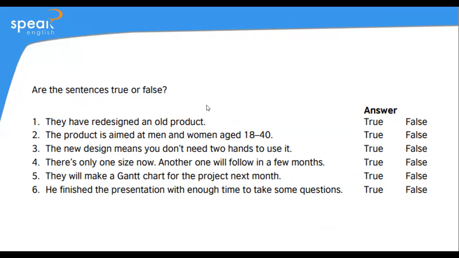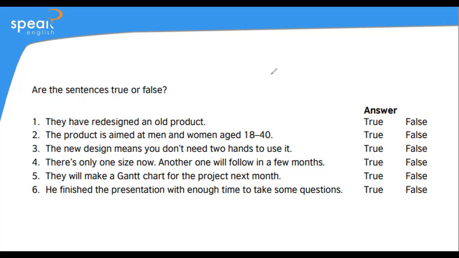Let's see. So number 1, they have redesigned an old product. That is true or false? What do you think? And don't be afraid to tell me you didn't catch it. That's okay. If you didn't catch something, it is totally fine.